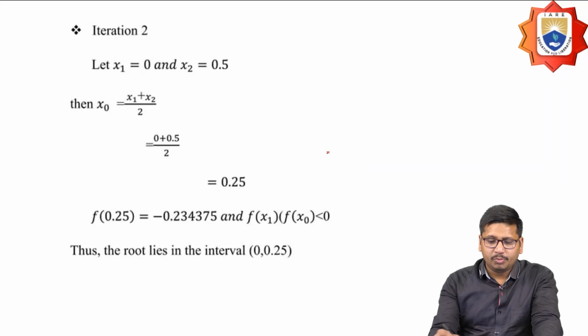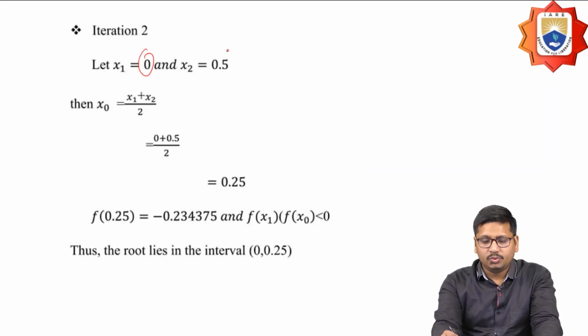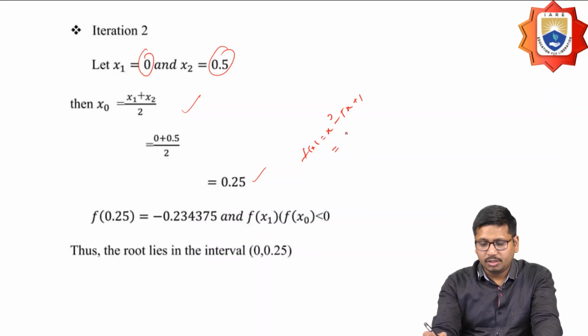In the second step, if I consider x0 as 1, x1 as 0 and x2 as 0.5, and calculate this value, I'm going to get 0.25. So x2 is 0.25, and by substituting in x cubed minus 5x plus 1, I'm going to get minus 0.23.